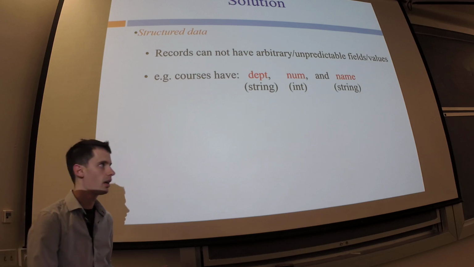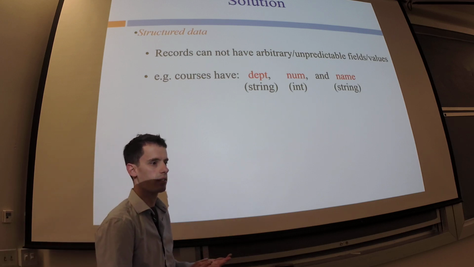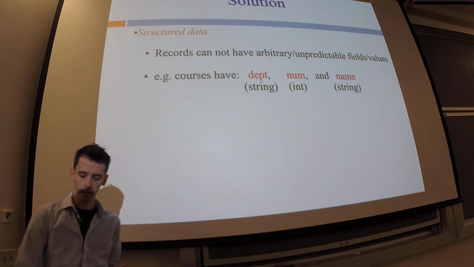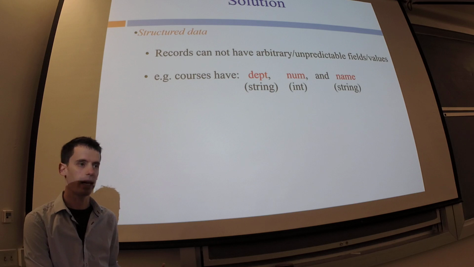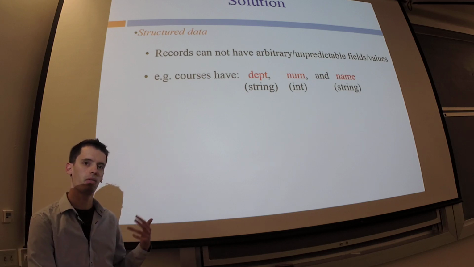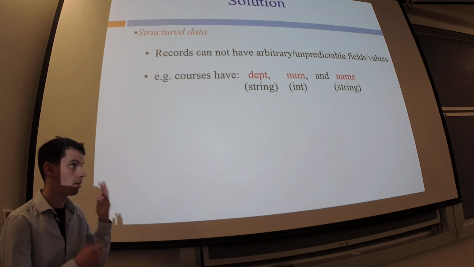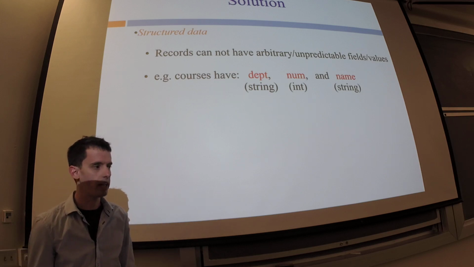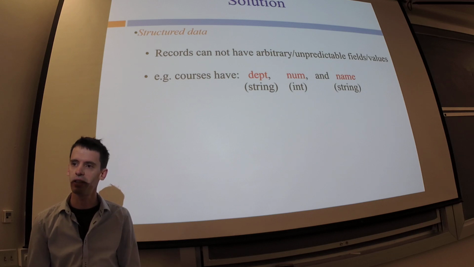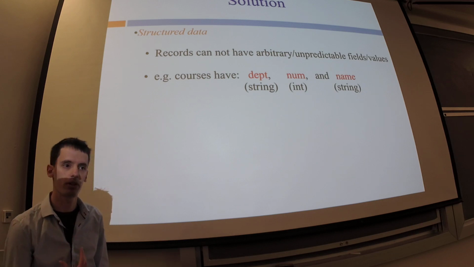So it's not just the name of the field, it's the type of the field. And every course has to have exactly these 3 things. A course cannot have more than this. A course cannot have less than this. So that's essentially structured data. It makes it way easier for computers to reason about data if the data is structured. It makes it easier for people, too, as it turns out.